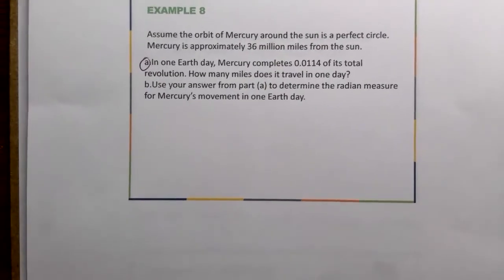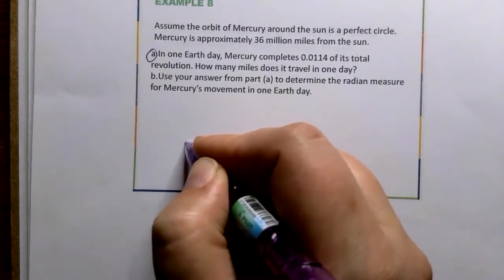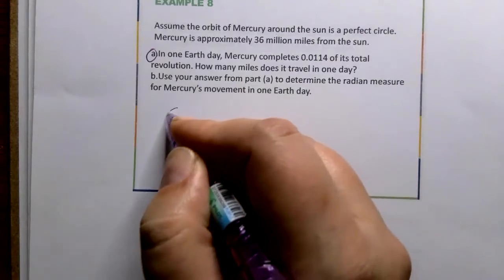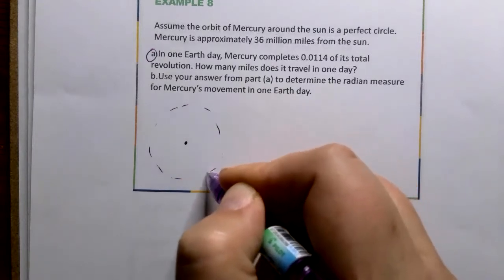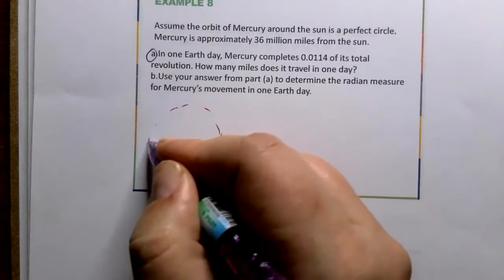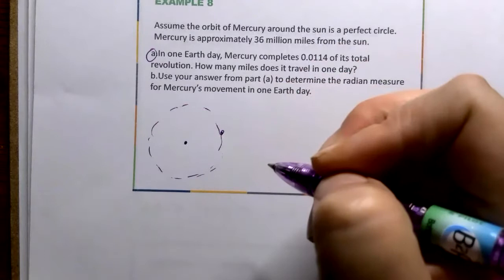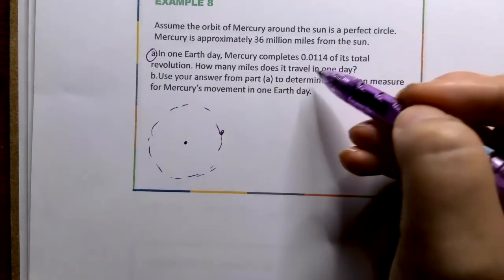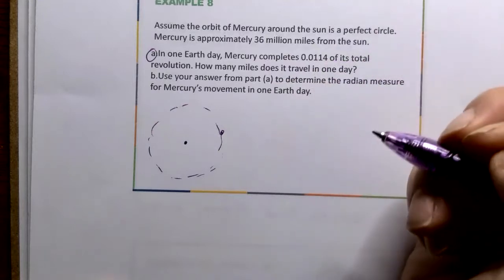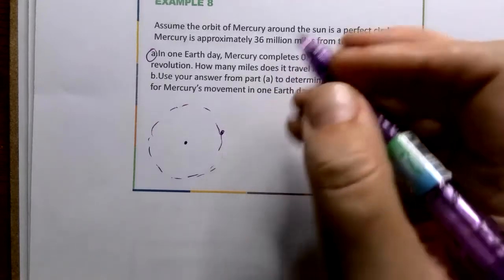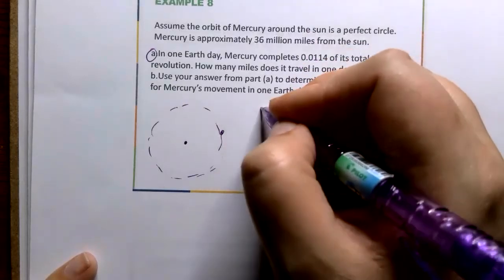Okay, so we have a sun and Mercury is going around in a circular motion around the sun. It says in one day it completes 0.0114 of its total revolution. So what's the circumference?